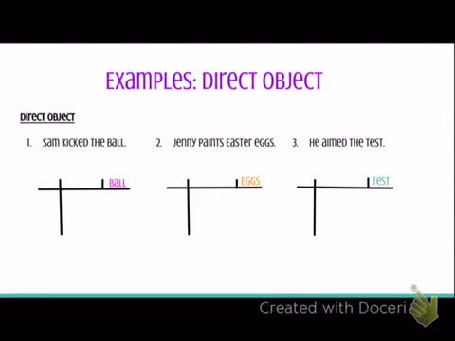Examples, direct objects. So, first, for sentence diagramming sentences with direct objects, read the sentence. Sam kicked the ball. Then, we're gonna identify the verb, kicked. So, we're gonna write it here, kicked. Then, the subject. Who kicked? Sam.